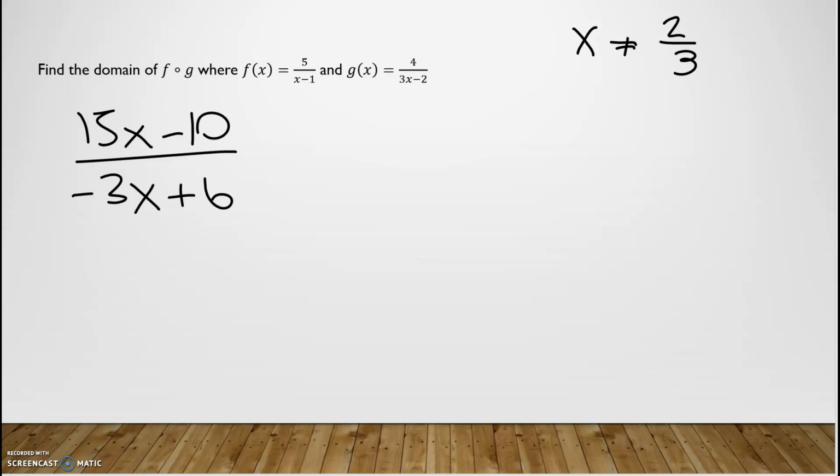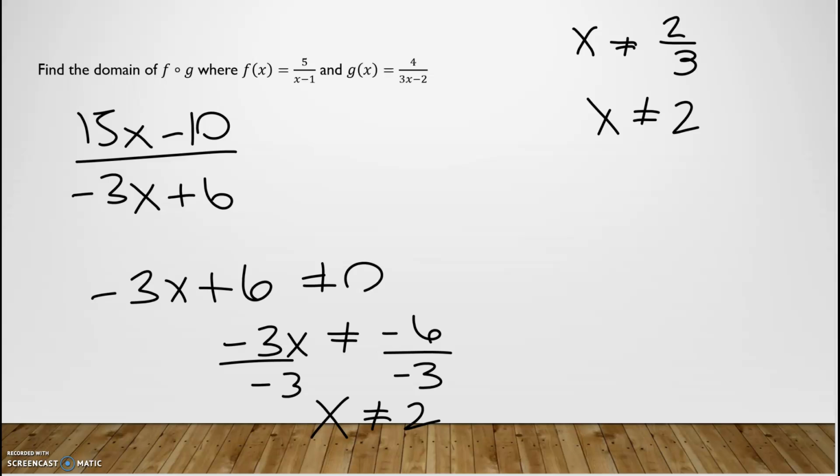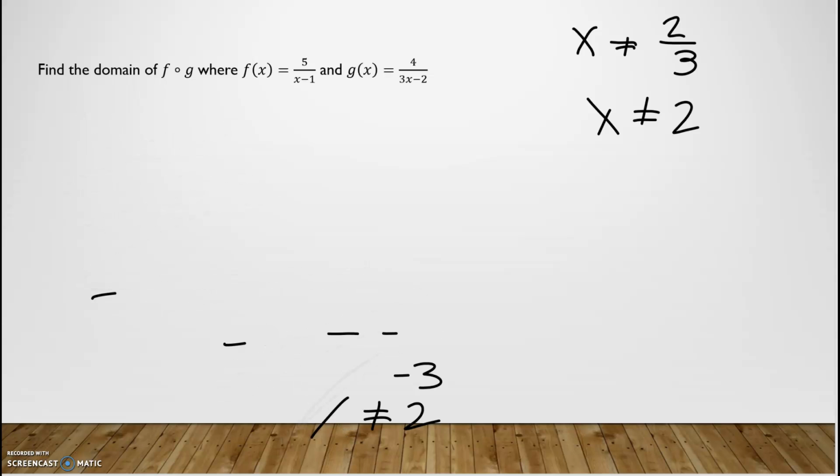Since it's a fraction, all I'm going to do is take the bottom and set it equal to the thing I don't want it to be, which is 0, and solve. So negative 3x equals negative 6, divide by negative 3. So x cannot be 2. So you put those two together, and that would be the domain for the composition function.